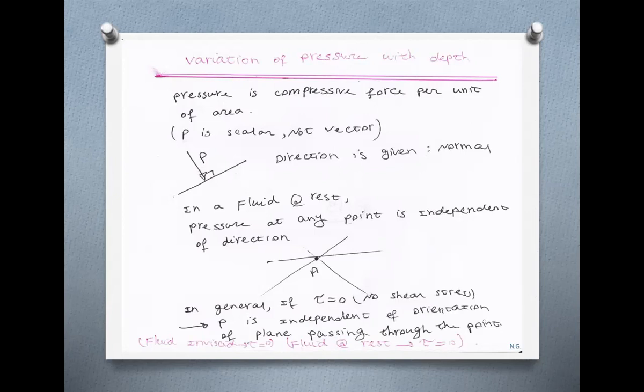Thank you. Let's talk about variation of pressure. When we talk about pressure, we learned that pressure is compressive normal force per unit of area, right? So here is the area, and normal compressive force per unit of area. So F divided by A. If the force is not normal, you have to resolve it into two components, tangent and normal, and just consider the normal part of the force and divide it by the area.